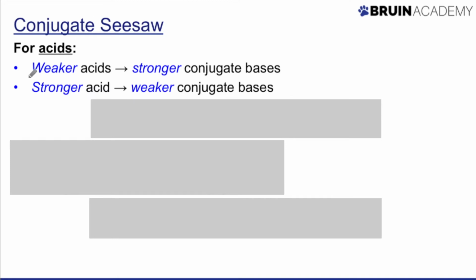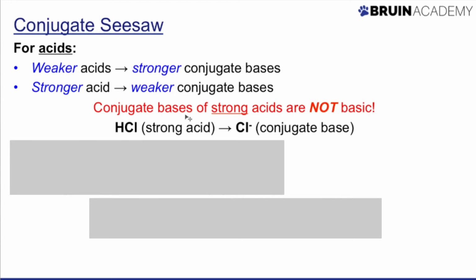All right, and then the last thing that I'll talk about is the conjugate seesaw, which should actually make intuitive sense. So if you're looking at an acid, weak acids have strong conjugate bases. So basically, the weaker the acid, the stronger the conjugate base. The converse is true. The stronger the acid, the weaker the conjugate base. So when you're looking at actual strong acids, things that completely dissociate, the conjugate base is so weak because the acid's so strong that the conjugate base actually does not have any basic qualities.